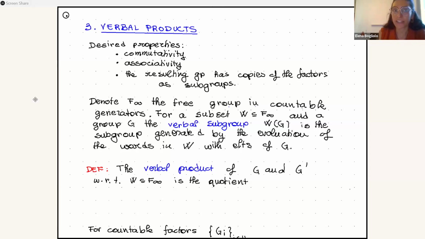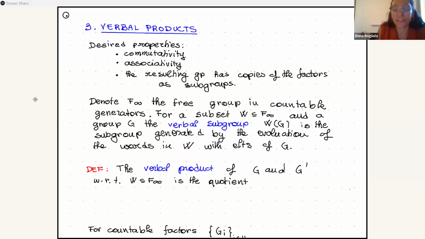In order to define verbal products, we need to define verbal subgroups. So we denote with F infinity the free group on countably many generators, and consider any subset W of F infinity. Then for a group G, the verbal subgroup that we denote with W(G) is the subgroup generated by the evaluation of the words in W with elements of G. Okay, so what does it mean?